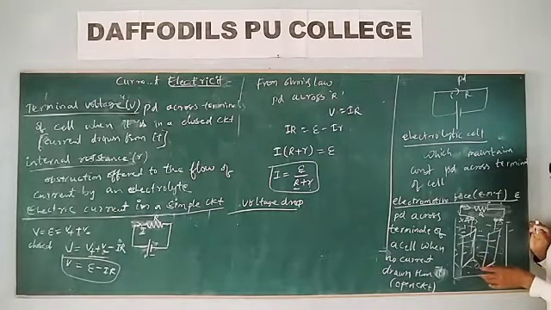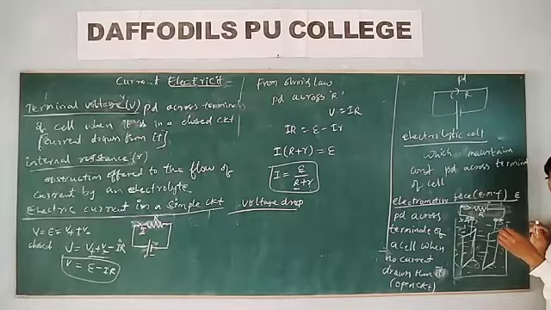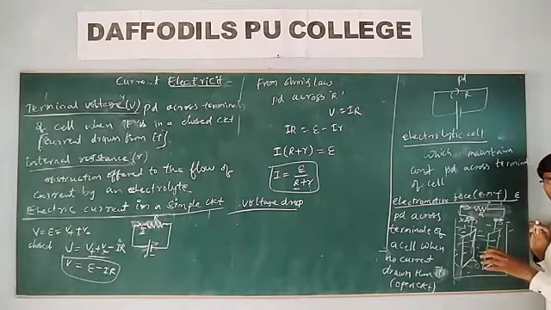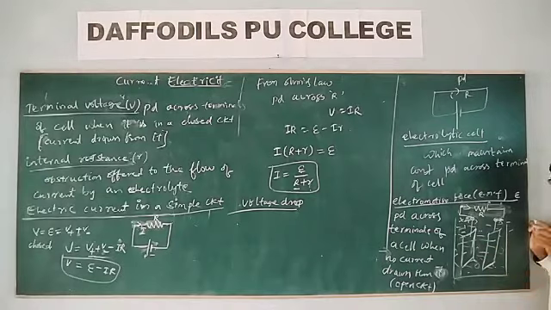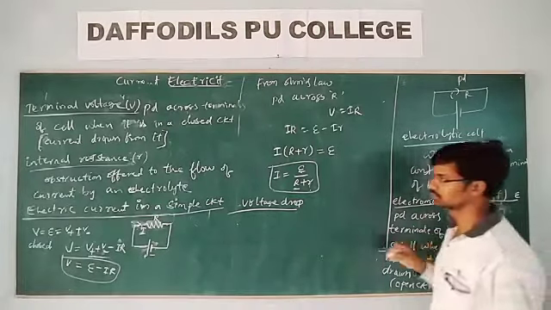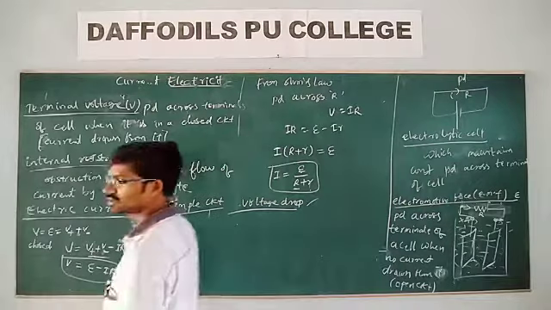That work cannot be used, so some amount of work is wasted, energy is wasted. That work done we call the voltage drop. Work done in carrying a charge across the electrodes within a cell is called voltage drop. Is it okay?